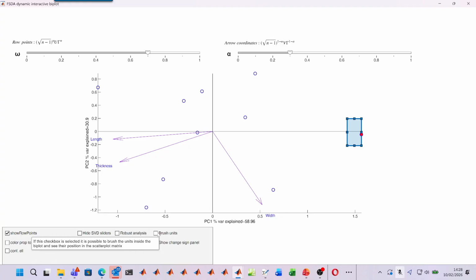This is a bivariate representation, a synthetic representation in two dimensions, which should contain a representative representation of what is in the original space. And this is very nice, the brush, because it enables you to understand the characteristics of the units which are brushed. And especially with geographical components, we are going to see it.